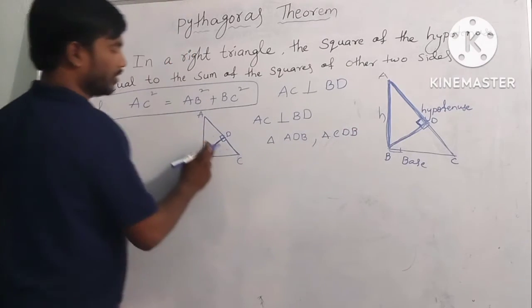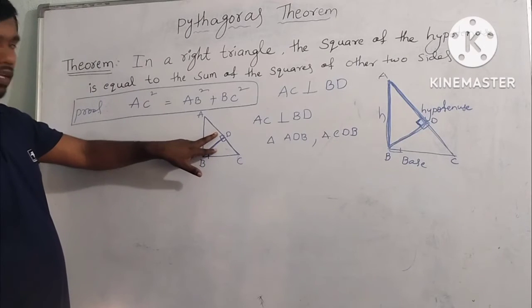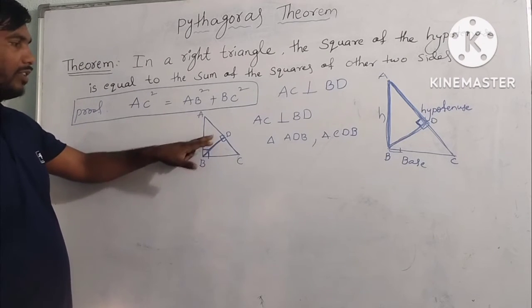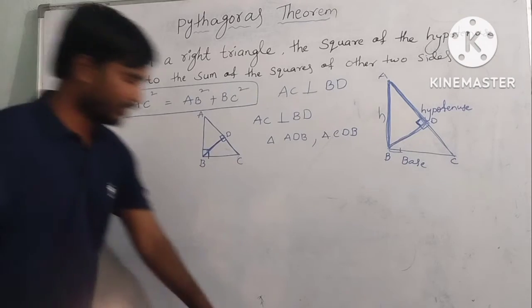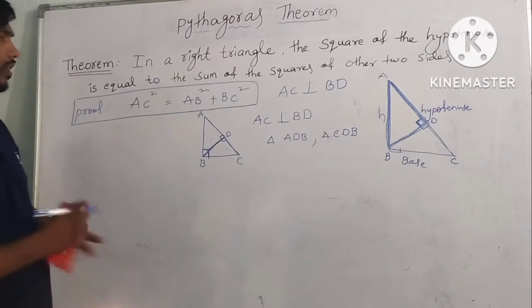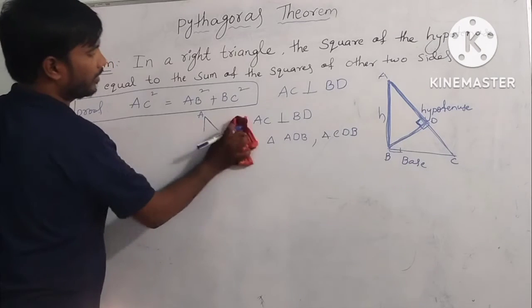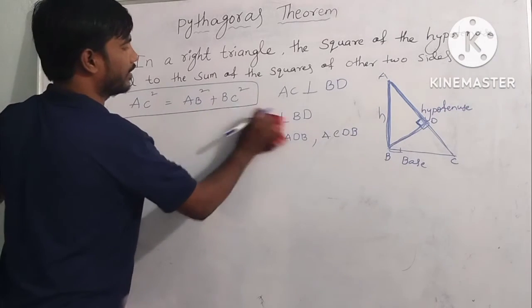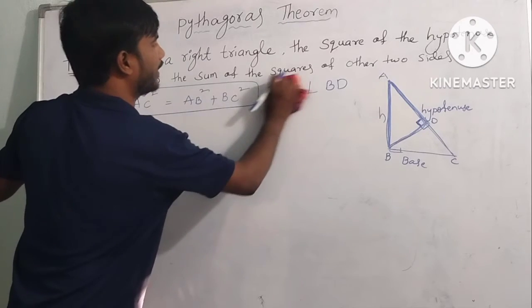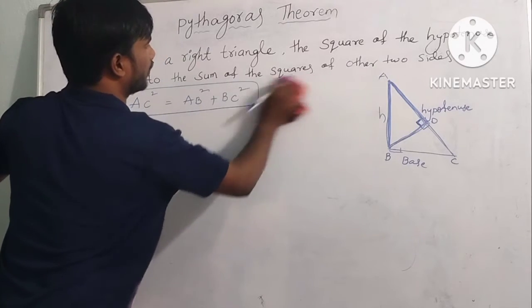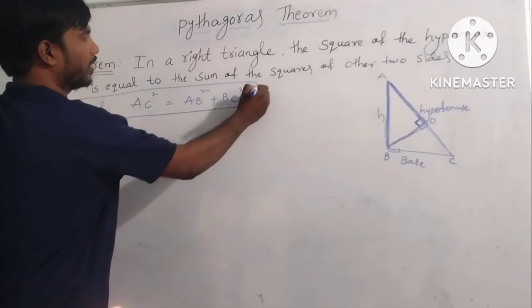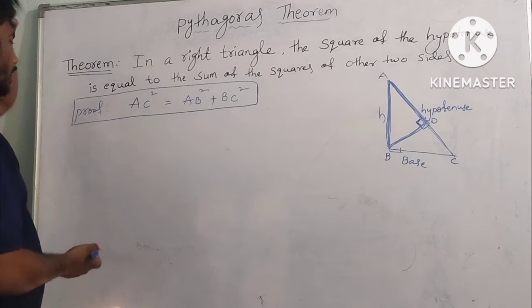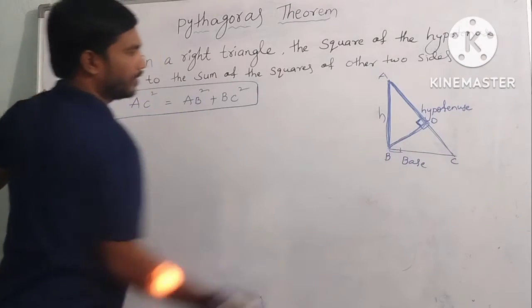These two triangles are similar to each other and at the same time similar to the whole triangle. This is the theorem: when a triangle is divided by a perpendicular from the right angle, the two triangles are similar to each other and to the whole triangle also.